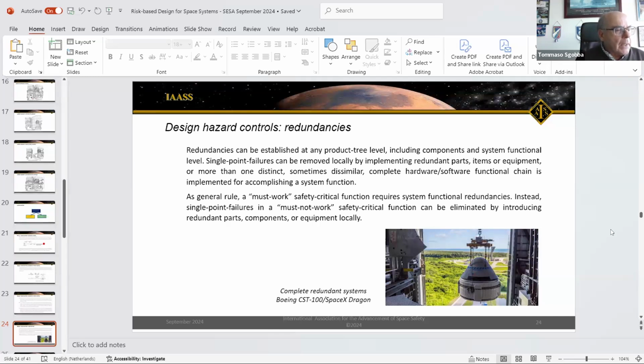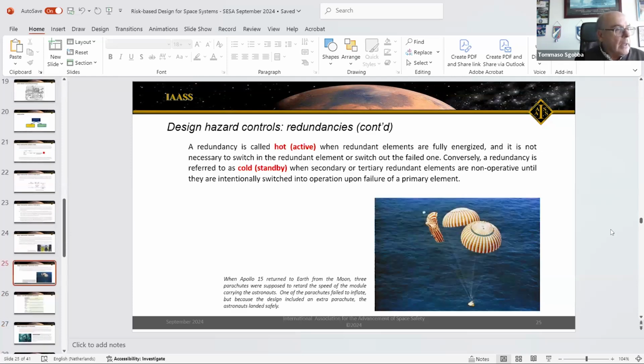Redundancy is very much used, but most people think that the function of redundancy in space for safety is because it increases reliability. Not at all. Very often, the redundancy is such as to reduce the reliability but allow safety.